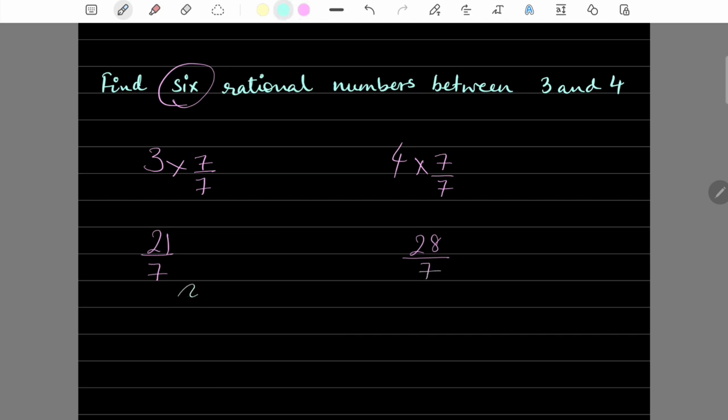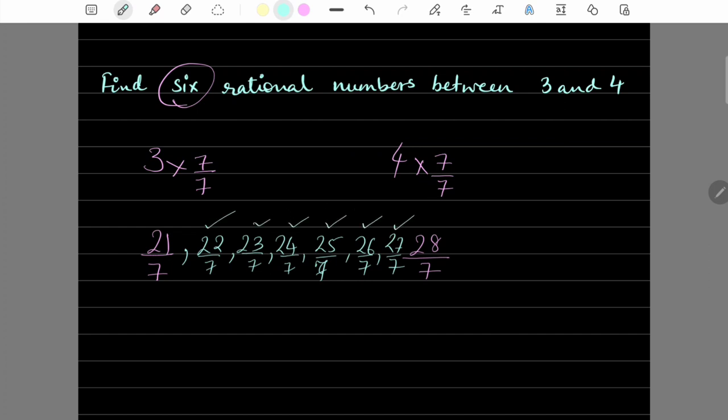Now I can have all the numbers in between: 22 over 7, 23 over 7, 24 over 7, 25 over 7, 26 over 7, and 27 over 7. I can choose 1, 2, 3, 4, 5, 6 numbers out of it. So these numbers lie between 3 and 4.